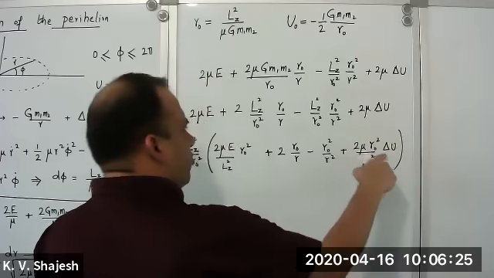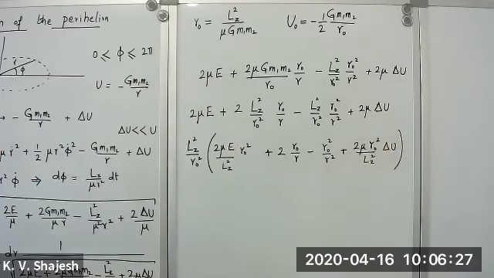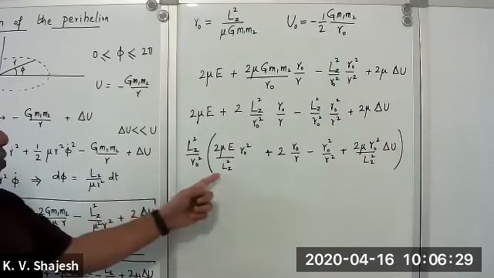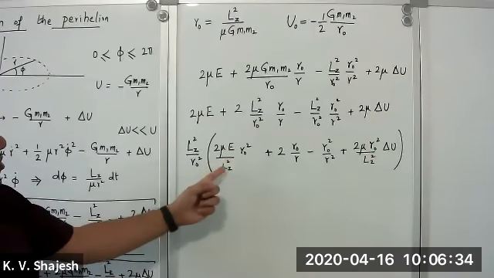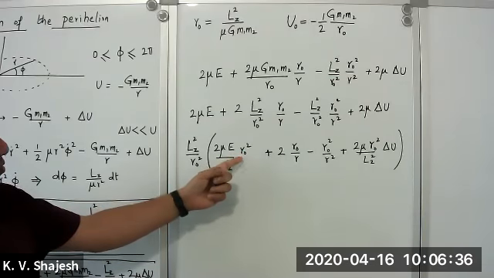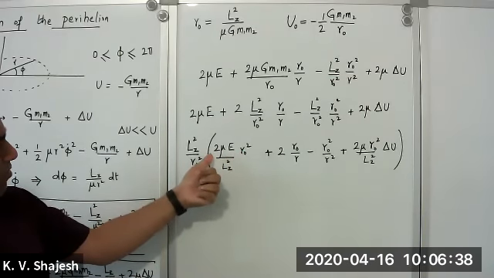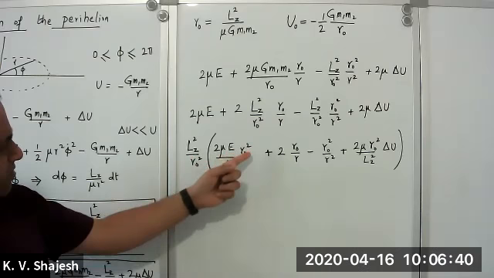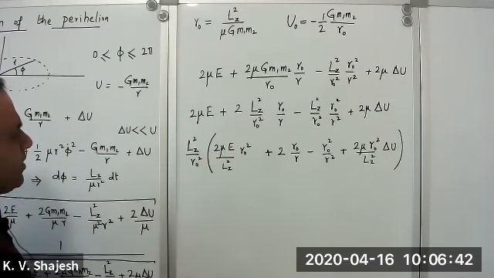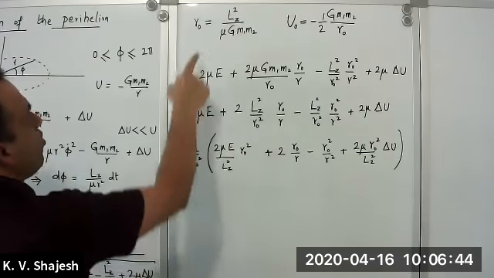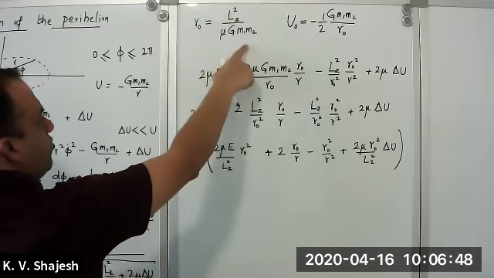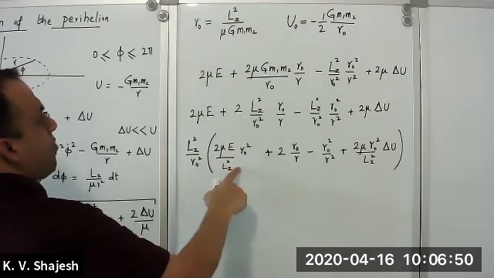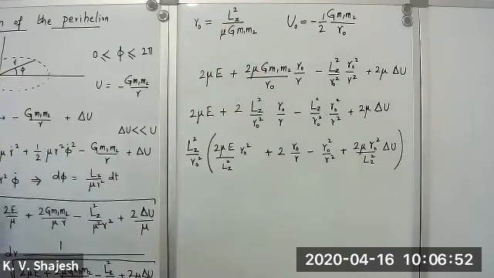These are all constants, notice; just the delta U is changing. What is this? LZ square over R naught is nothing but 2 mu times G M1 M2. And since that is a factor of half, you can see that this is U naught, right? If you were to replace one of the LZ square over R naught with mu G M1 M2, whatever is remaining is just U naught, which is what it should be.